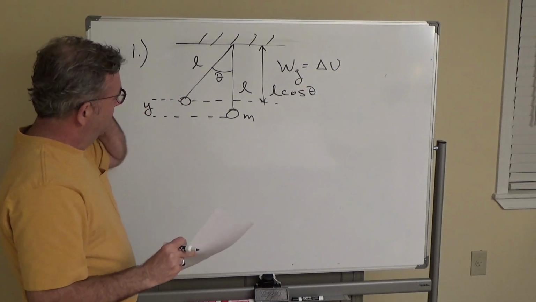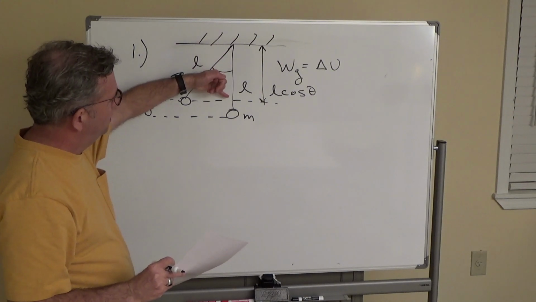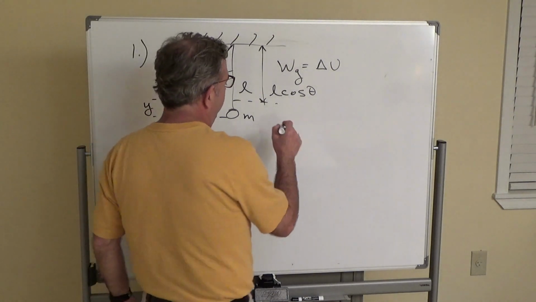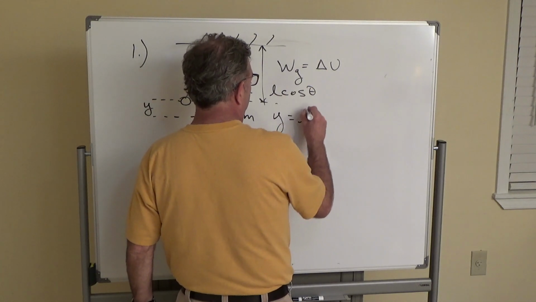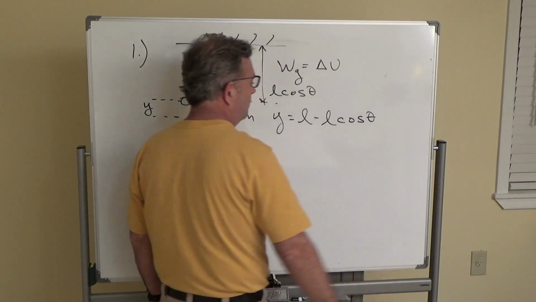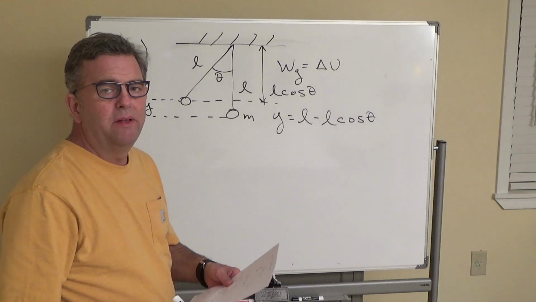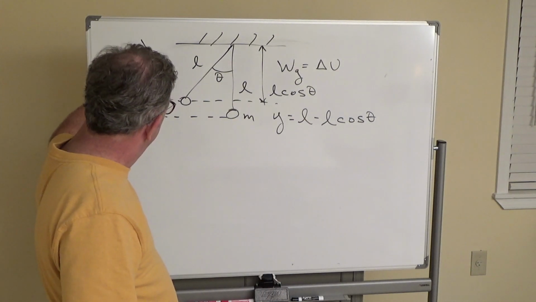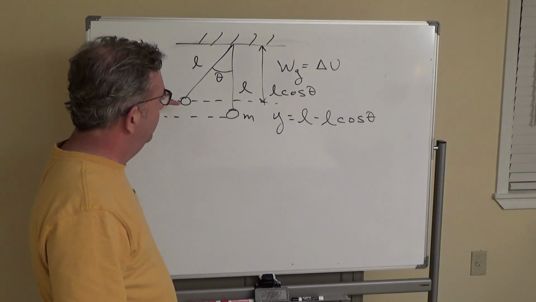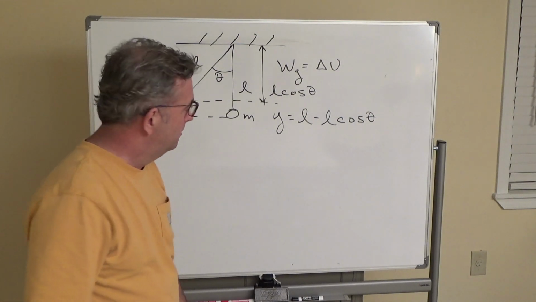Because that would be the right triangle. This is the hypotenuse. This distance is L cosine theta. So y is just equal to L minus L cosine theta. Okay? And from that, you can determine the height, what the distance y is, that's a height, and you can determine the work done by gravity.